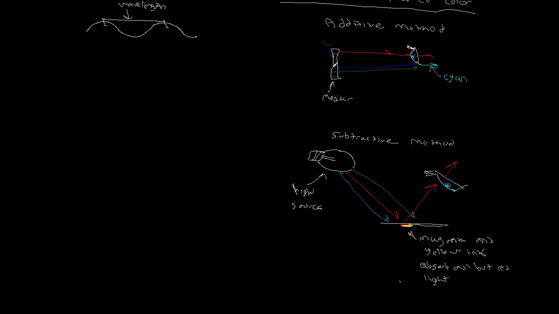With additive, we were producing and combining. With subtractive, we're removing the other colors. And the reason I said magenta and yellow ink is because the subtractive color method uses colors to absorb, whereas where I said red and blue produce magenta, that's because the additive colors combine.